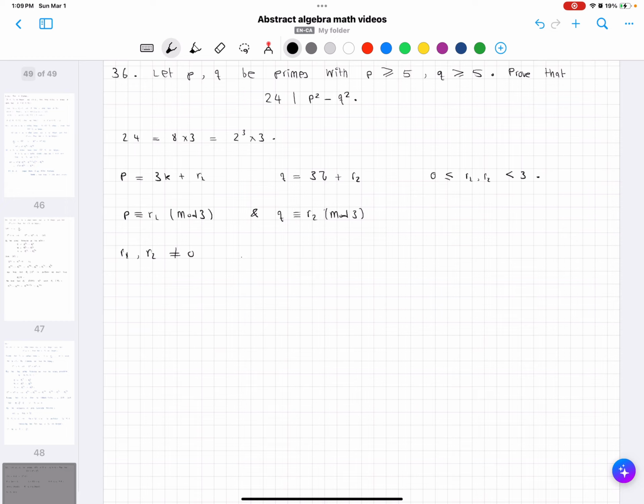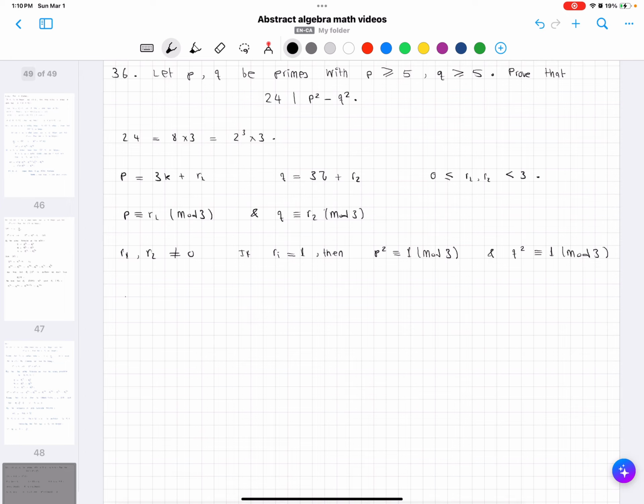So if Ri is equal to 1, then P squared is congruent to 1 mod 3, and Q squared is congruent to 1 mod 3.